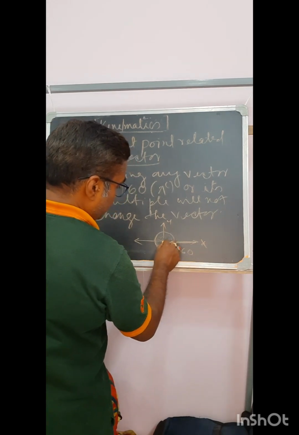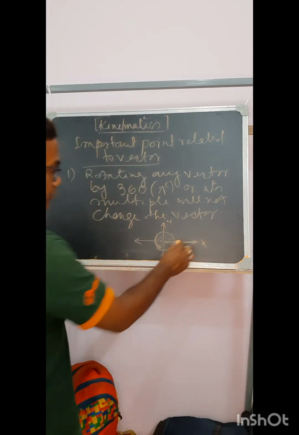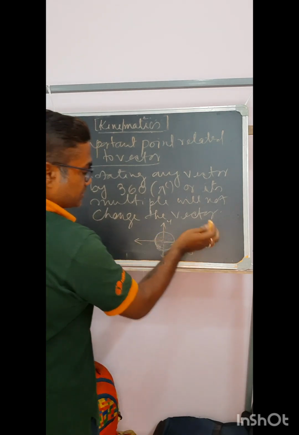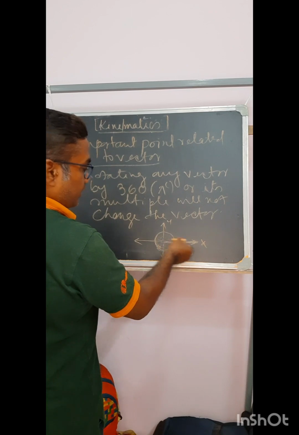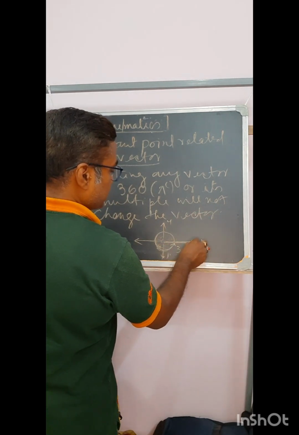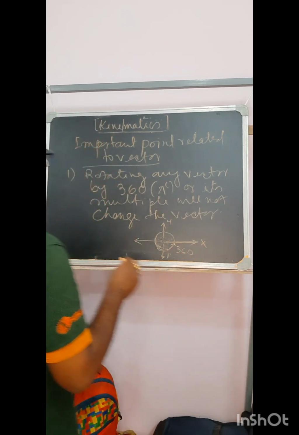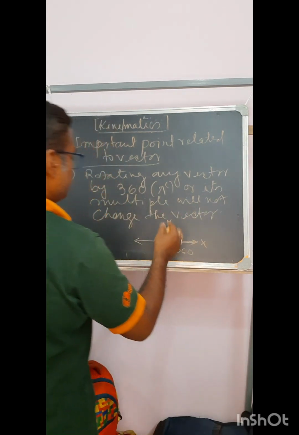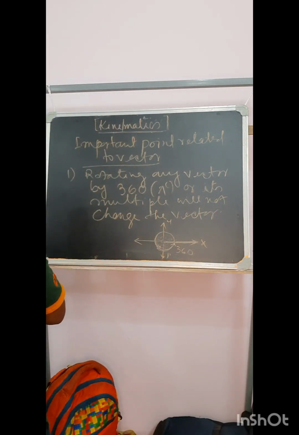Now see, when it moves 360, it overlaps with where it started. So we cannot distinguish those two vectors if they overlap on the same axis with the same magnitude, because when a vector is rotating itself the magnitude will not change, and when it merges to where it started, the direction is also the same, so the vector will not change its value. So magnitude wise and direction wise it will be the same. Okay.